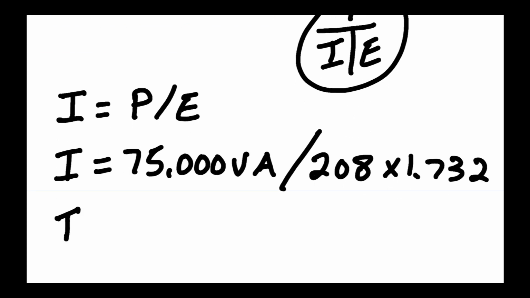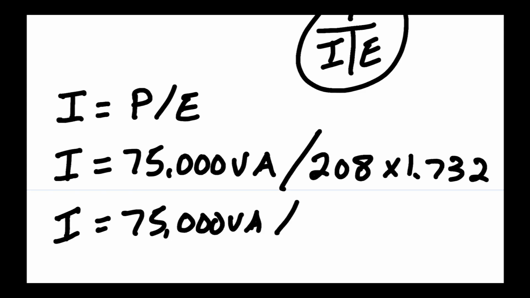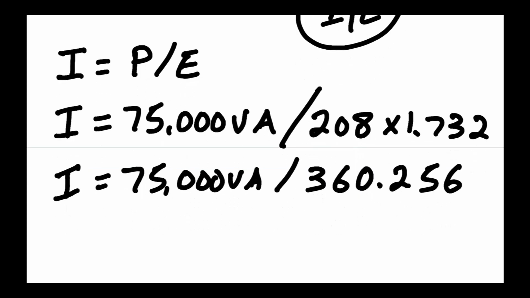So I is equal to 75,000 VA divided by 360.256. And I'm going to grab my calculator to make sure that is the correct number. So if I take 208 times 1.732, that's going to equal 360.256. All right, so let's continue with this calculation.